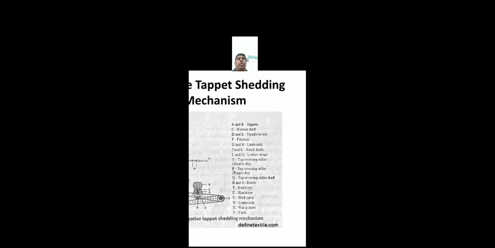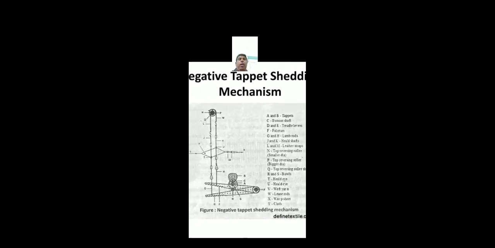Here you can see the negative tappet shedding mechanism. You can clearly observe that A and B are tappets. C is the bottom shaft. D and E are treadle levers.